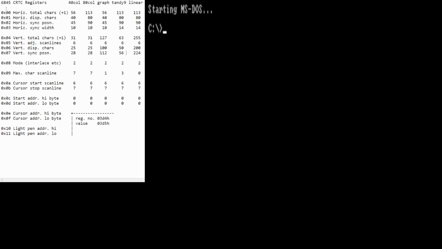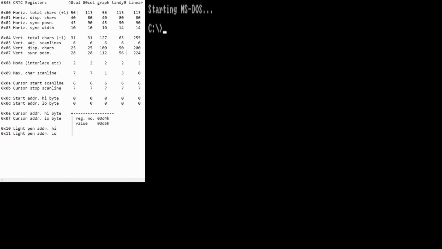It's a character device. And the CGA card really just co-opts it for producing a graphics mode. In fact, if you look at the values that are used in the 40-column text mode in CGA, exactly the same values are used for the horizontal parameters as in the 320 by 200 4-color graphics mode.